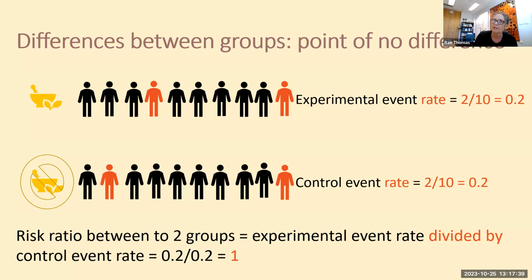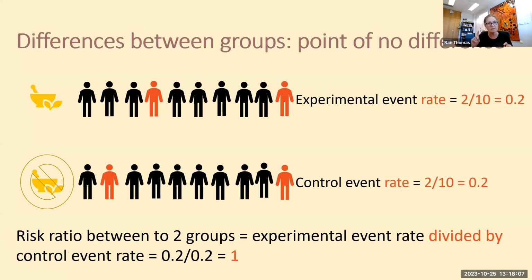So when you're looking at ratios, if I wanted to know the risk ratio of dying in either of those groups, I would look at the experimental event rate, 2 over 10, which is 0.2, divided by the control event rate. That is 0.2 divided by 0.2, and the answer is 1.